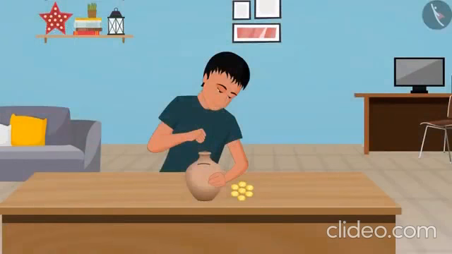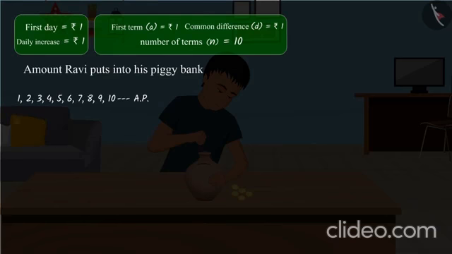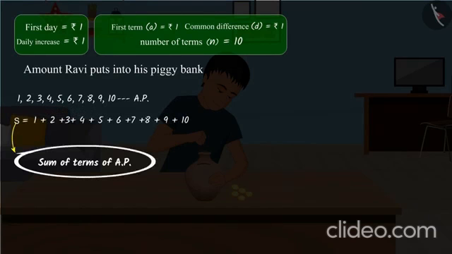Now we have to find out how much money Ravi puts into the piggy bank in 10 days. For this, we have to calculate the sum of all the terms of this arithmetic progression. We represent it by S, and it displays the sum of the first n terms of an arithmetic progression. We can denote it by equation 1.